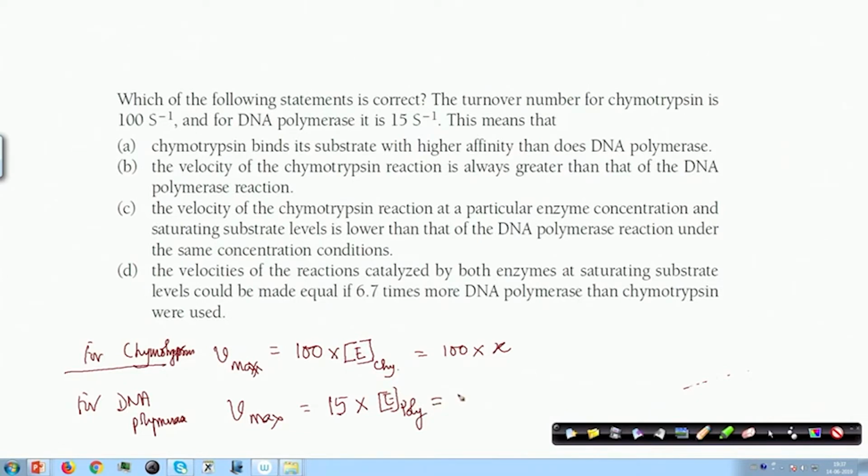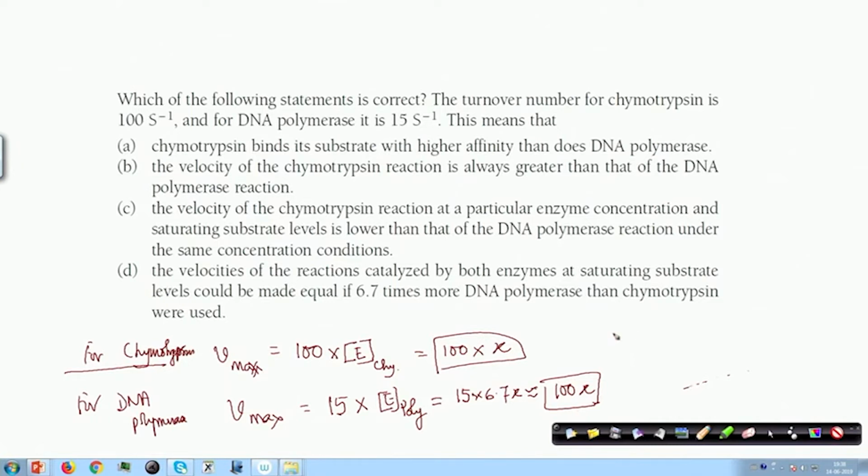So, that will be equal to 15 into how much in relation to x? You are using 6.7 x, and if you calculate, that will be approximately equal to 100 x. So, this is also 100 x and that is also 100 x. That means, the velocities of the reactions at saturating substrate levels could be made equal, provided you use 6.7 times more enzyme concentration in case of DNA polymerase as compared to the chymotrypsin.